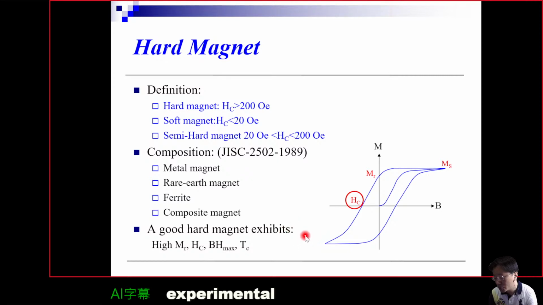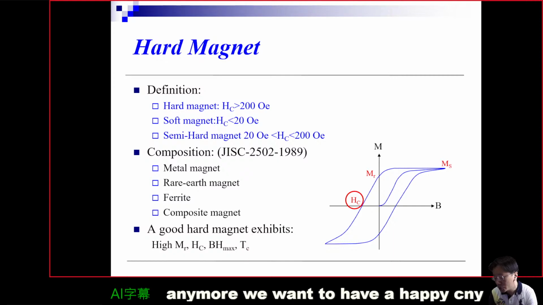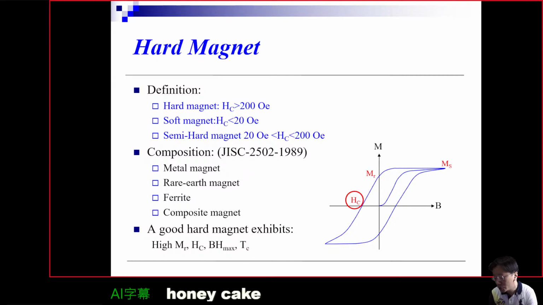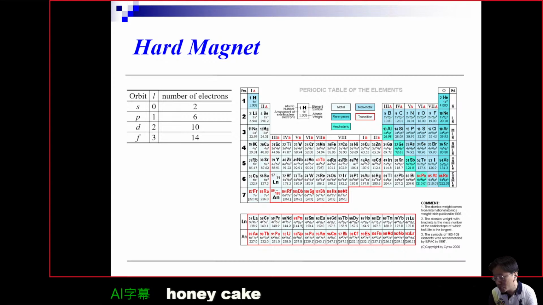And in that situation, we cannot hold any magnetic energy product here, and no magnetic field will appear, and we cannot call this material a magnet anymore. So we want to have a high Tc in the hard magnet. Okay, so those are the definition of a hard magnet.